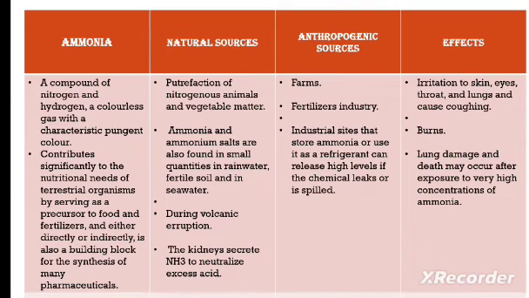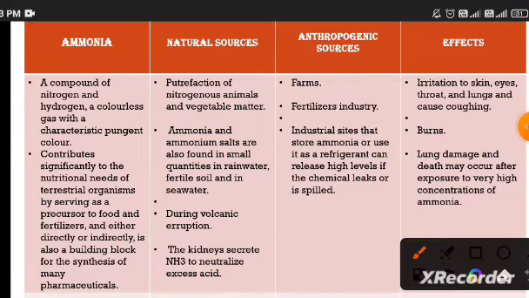First one is ammonia, which is a compound of nitrogen and hydrogen. Ammonia contributes significantly to the nutritional needs of terrestrial organisms by serving as a precursor to food and fertilizer, either directly or indirectly, and it is also a building block for the synthesis of many medicines.